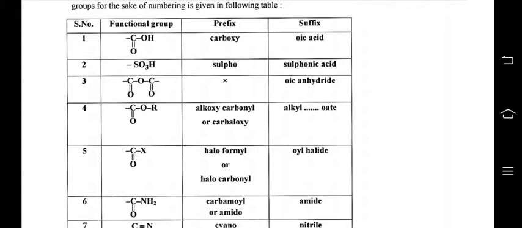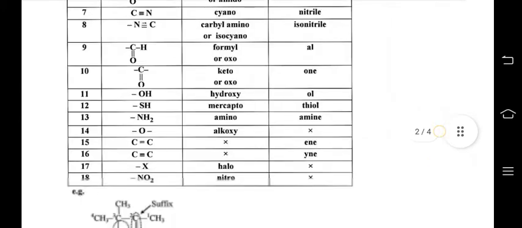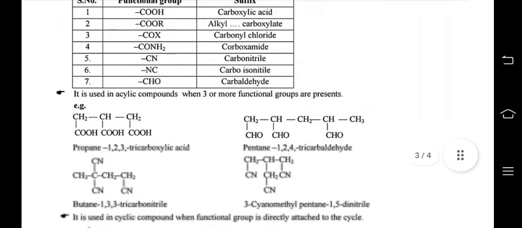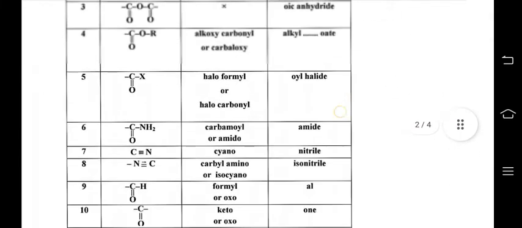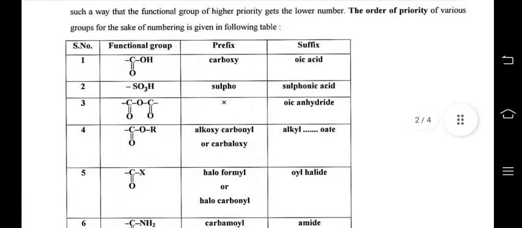Number 1, preference is given to the carboxylic acids: the prefix is carboxy and the suffix is oic acid. SO3H is also there: the sulfo group as prefix, and as suffix, sulfonic acid.